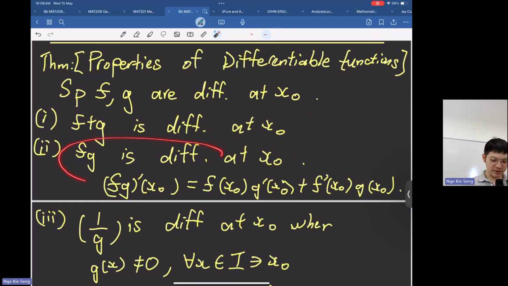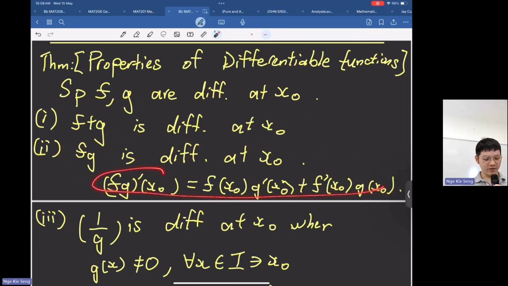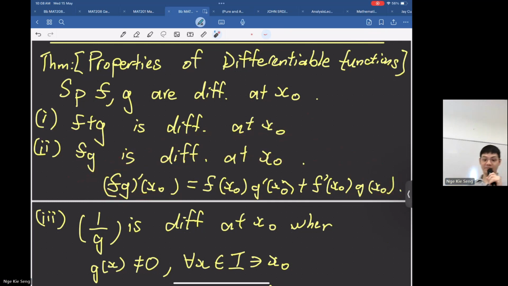But this one is a bit special here. I give out the formula for fg prime here. Of course, we know that if the secant function for f and the secant function for g converge, the product also converges, because this is a limit law. But how to give out this formula here?